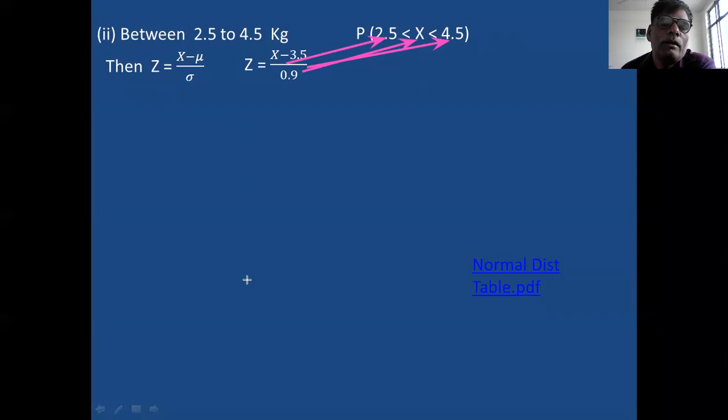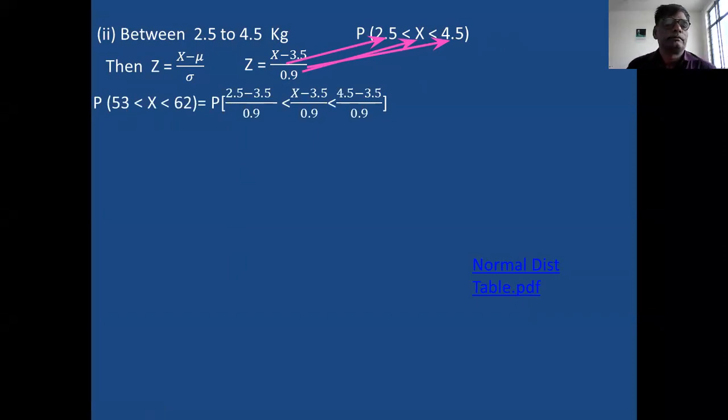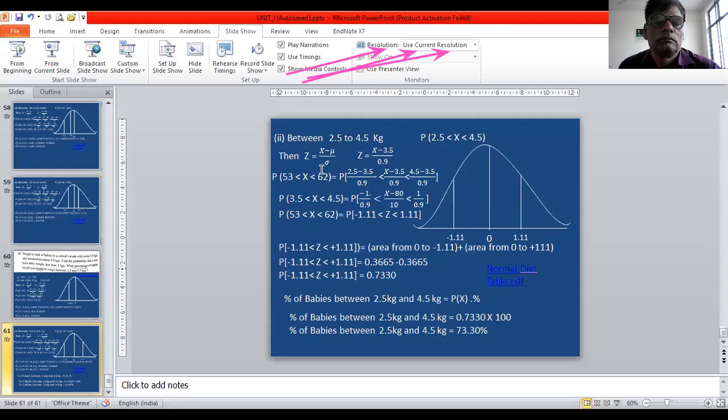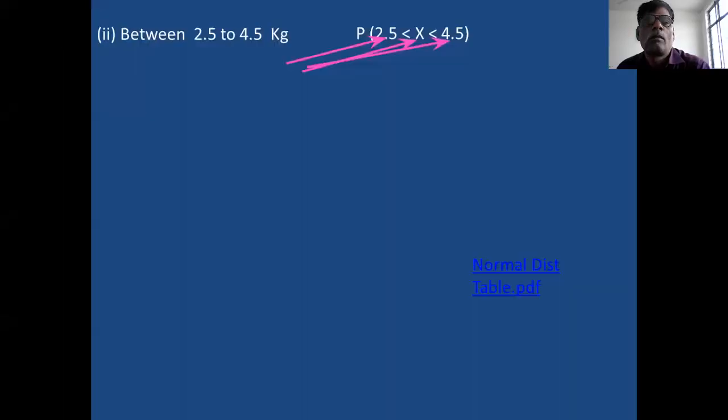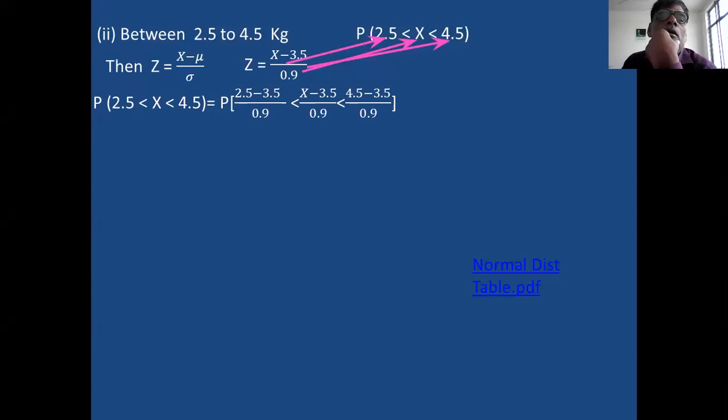Then your answer is the probability of X is smaller than 2.5, and the probability of X is greater than 2.5 and smaller than 4.5.